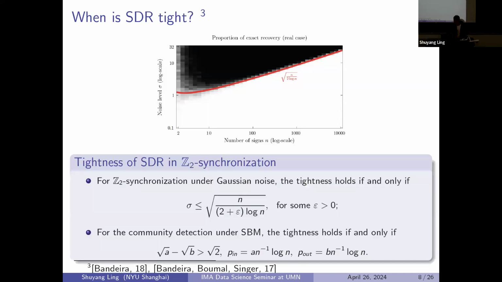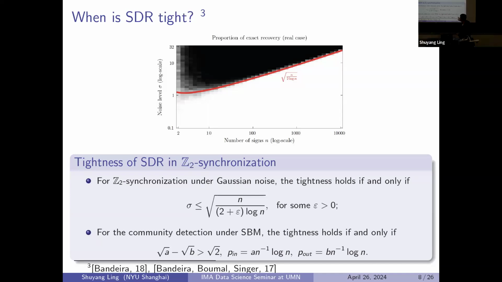And in fact, this is also shown to be theoretically tight, as long as sigma is smaller than some 2 plus epsilon times n divided by log n. It can also be shown that if sigma is greater than this, then with overwhelmingly high probability, this won't be tight. And similar things happen in the stochastic block model.